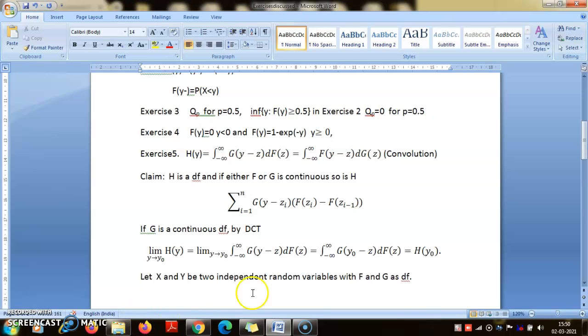You have not studied what is independence, but we will come to it. So let us for a moment put it in italics. This is something we have not understood till now. Just let it be there.